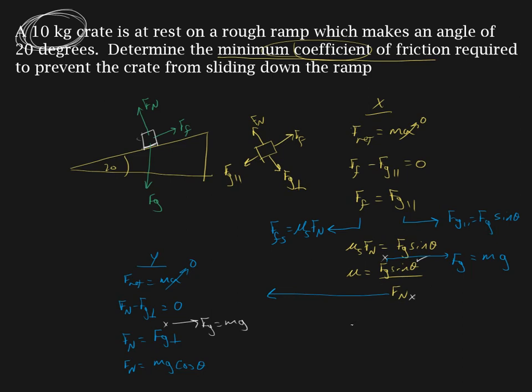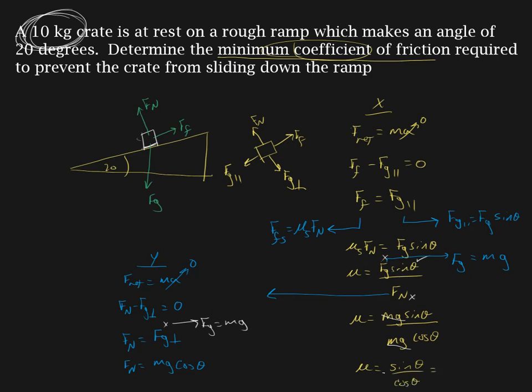And what we get is mu is equal to mg sine of theta over mg cosine of theta. And this may perhaps be surprising to you, but mg is going to cancel out, leaving us with mu is equal to sine of theta over cosine of theta.